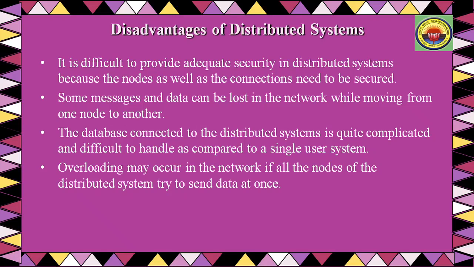The database connected to the distributed systems is quite complicated and difficult to handle as compared to a single user system. Sometimes overloading may also occur in the network if all the nodes are trying to send data at the same time.